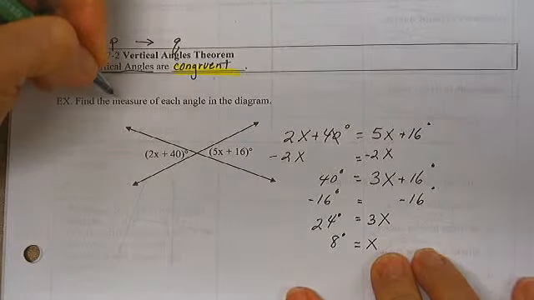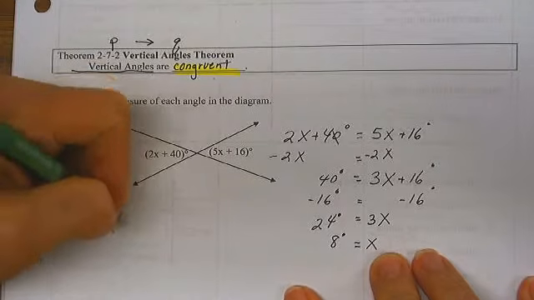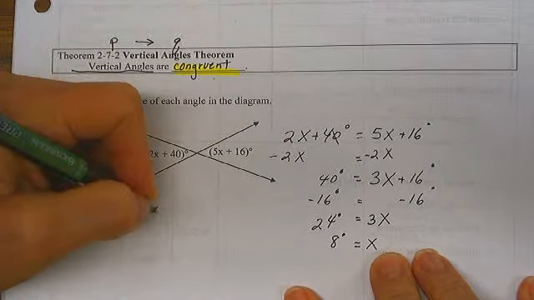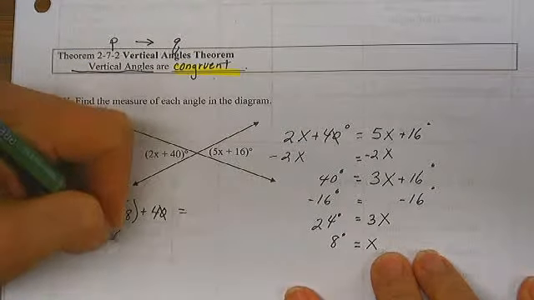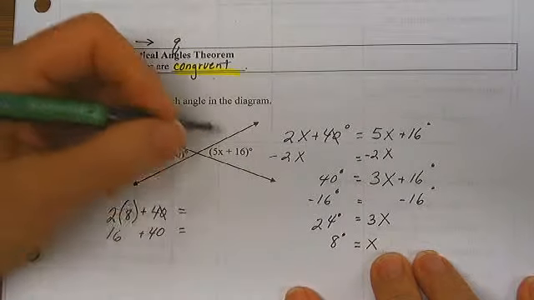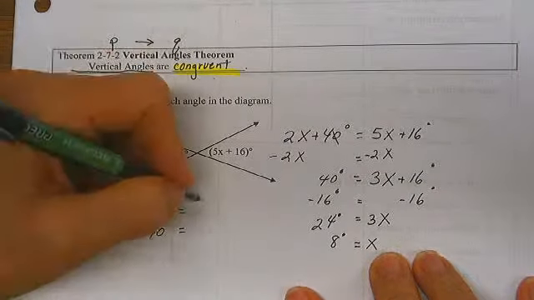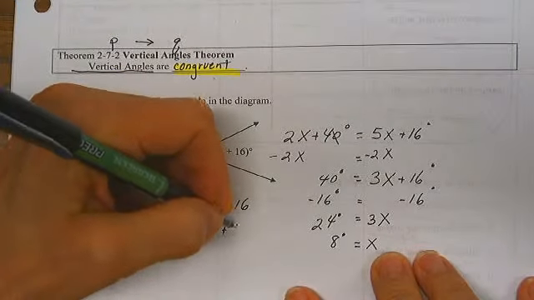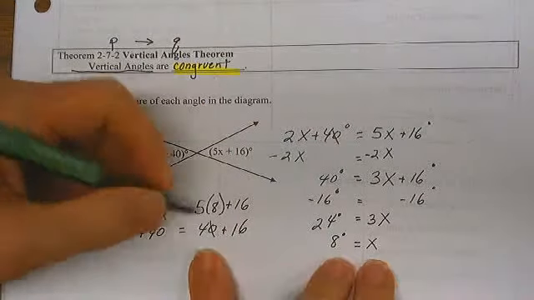Am I done? Well, no. The measure of each angle, 2 times 8 plus 40 is equal to 16 plus 40 is equal to 56. 5x plus 16 is 40 plus 16, which is 56.